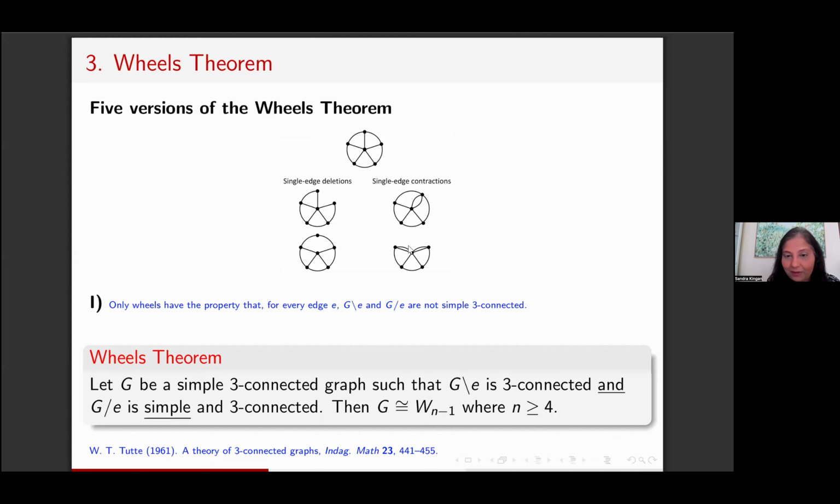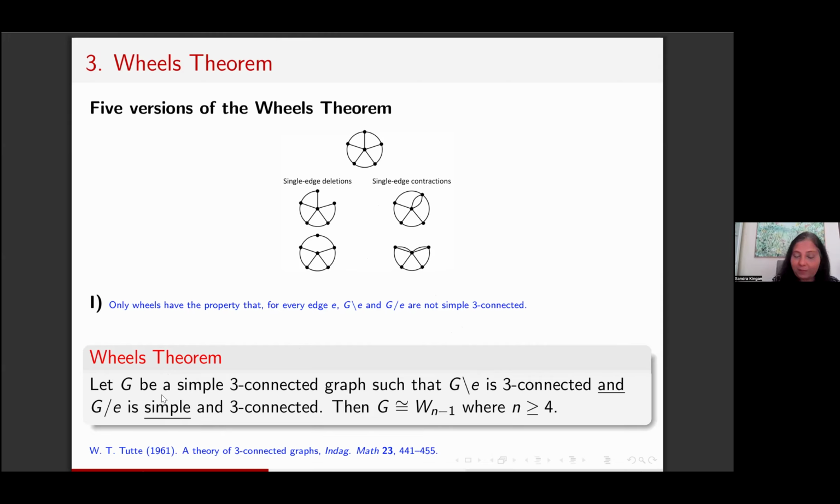Here too, if you contract a spoke edge, this is not simple. And Tutte proved that wheels are the only ones where if you delete an edge, you lose 3 connectivity, and if you contract an edge, it's not simple. So this is one version, and maybe the basic version of Tutte's result.